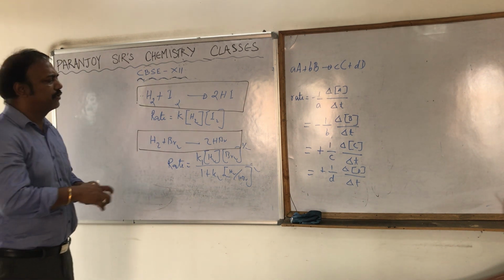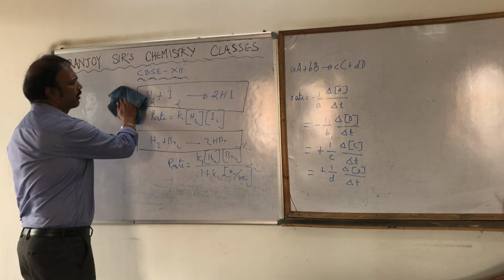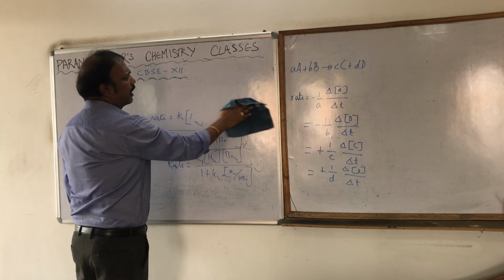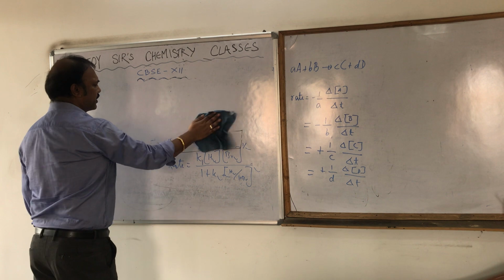Now I am going to write one more point, one more concept, and then we will move to the numerical. You understood this part, how to write down the rate for a general reaction.